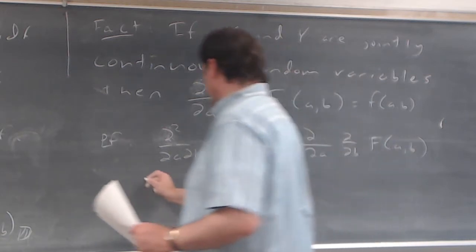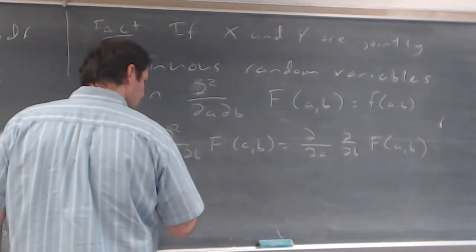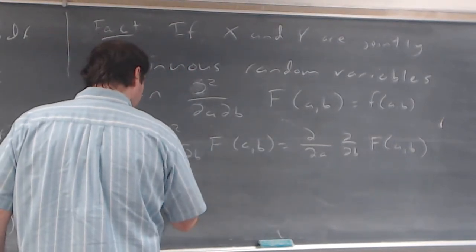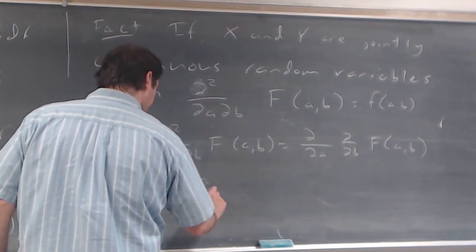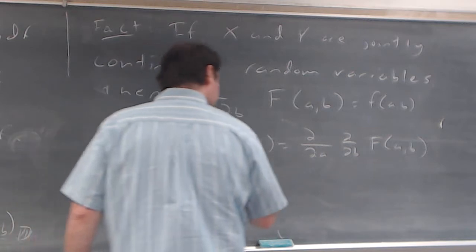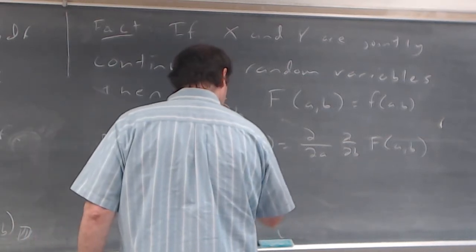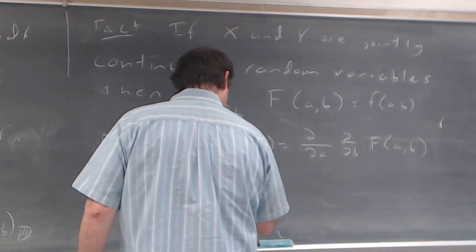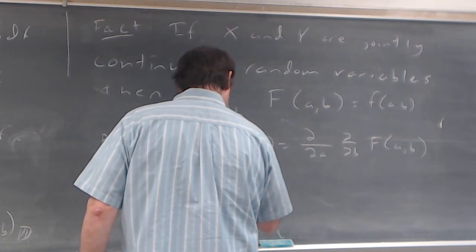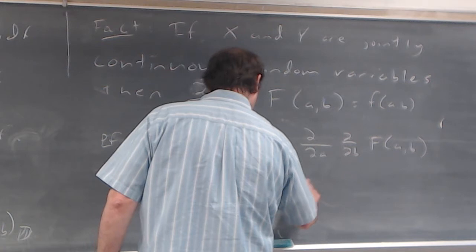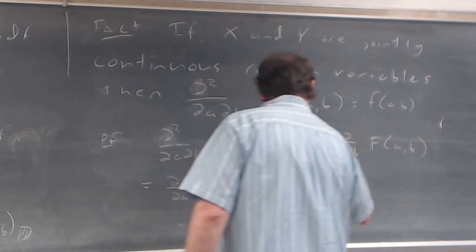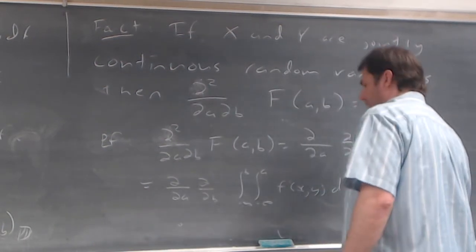And that's going to be equal to, here, this is writing the partials that need to be done. What this is, is the double integral from minus infinity to b, the way we define it, minus infinity to a, of f of x comma y dx dy.